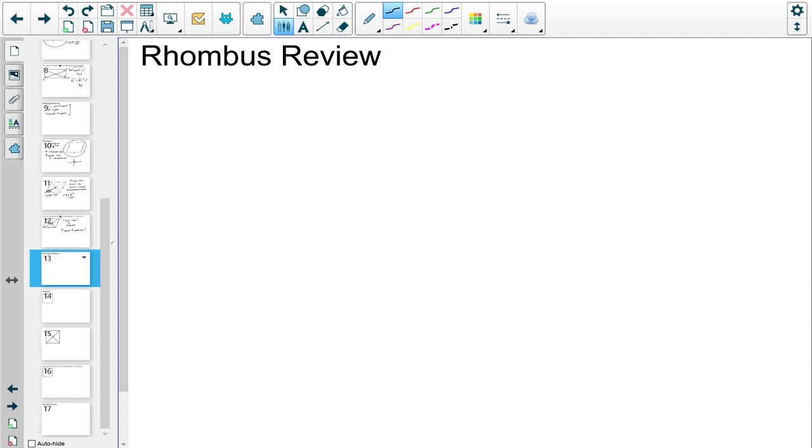The rhombus review. Let's go through this all again. A rhombus is a parallelogram, just like a rectangle is. It has 4 equal sides, or congruent sides.